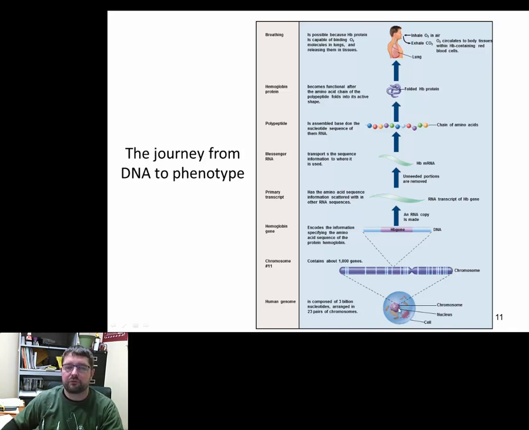So remember that chromosomes are housed inside the nucleus of eukaryotes. Now, we're not just talking about eukaryotes here. Prokaryotes have chromosomes also and they have the same function. So again, we're just showing you the human genome.